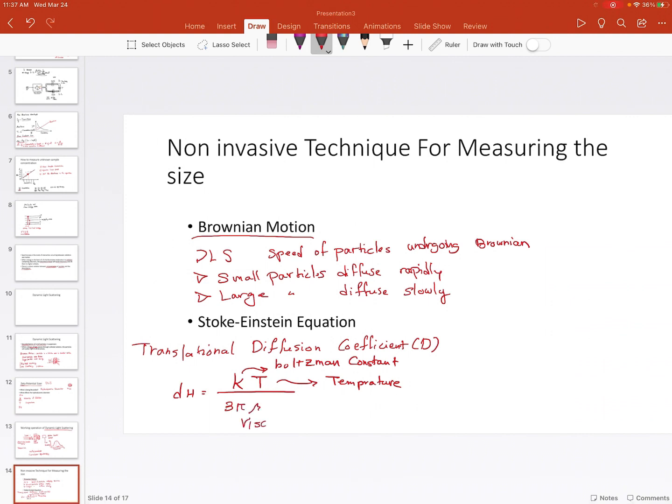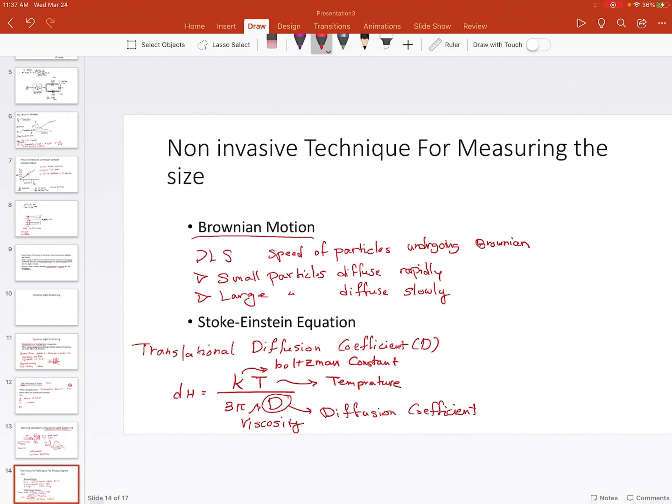We have 3 pi eta, which is viscosity. Viscosity is another parameter that will affect with what speed the particles are moving. And D, which is the diffusion coefficient. This parameter is actually what the instrument is detecting.